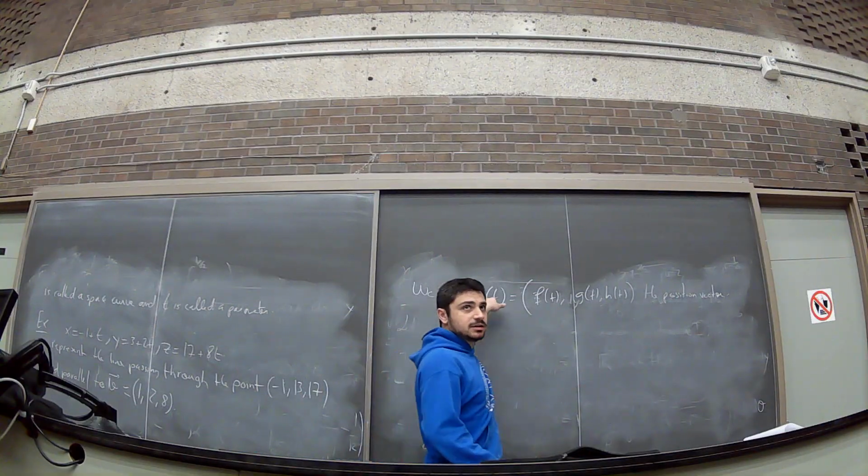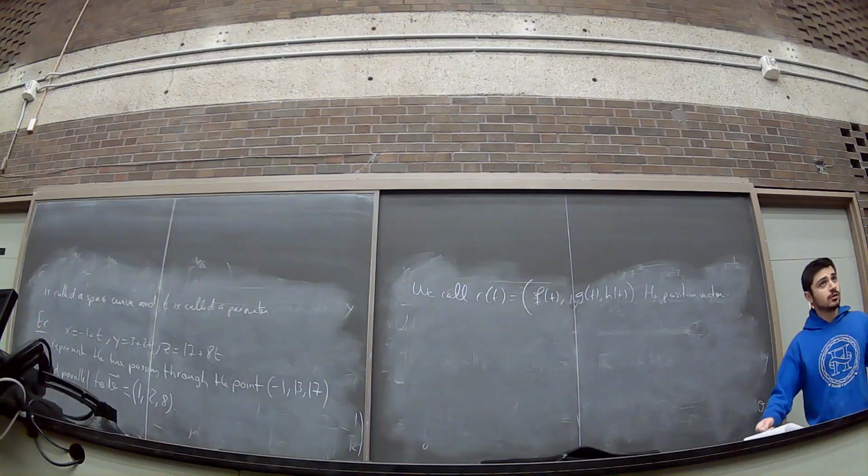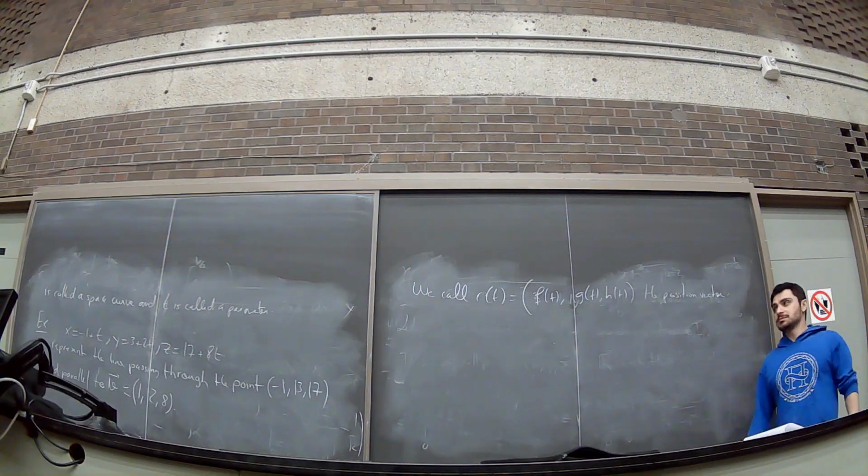Yeah? So at time t, basically, it gives you one point. At time t1, it gives you another point. At time t2, it gives you a third point. So far, so good? Very easy. Great.